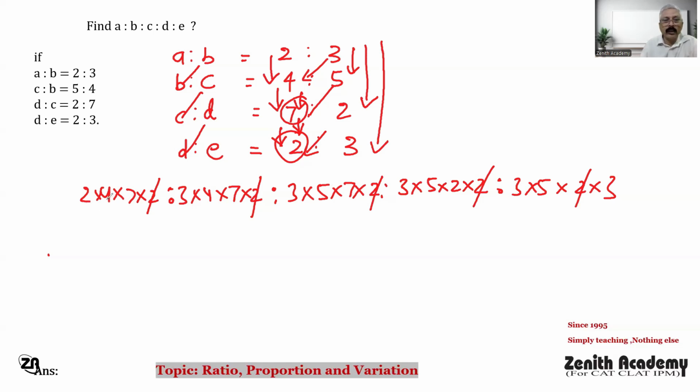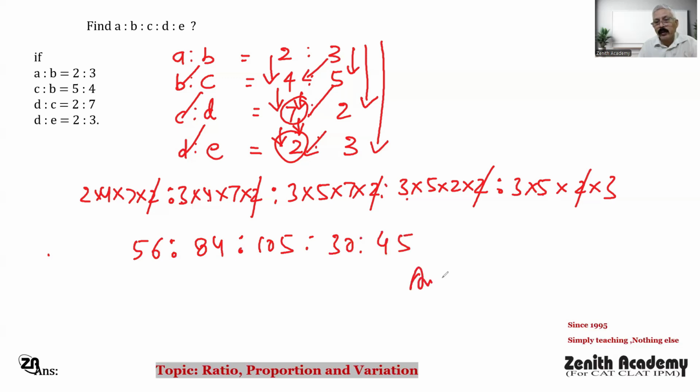So the answer is 2 fours are 8, 8 sevens are 56. 3 fours are 12, 12 sevens are 84. 3 fives are 15, 15 sevens are 105. 3 fives are 15, 15 twos are 30. And finally 3 fives are 15, 15 threes are 45. This is your answer. So you can do it directly. You know how simple it is.